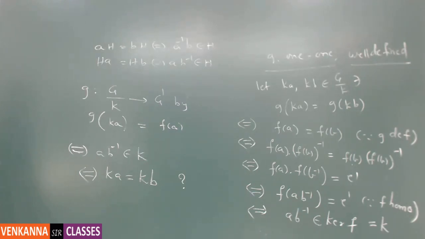Is it clear to all how I have proved that it is a 1-1 function? Please take a note of that. If you have any questions or doubts at any step, please ask.